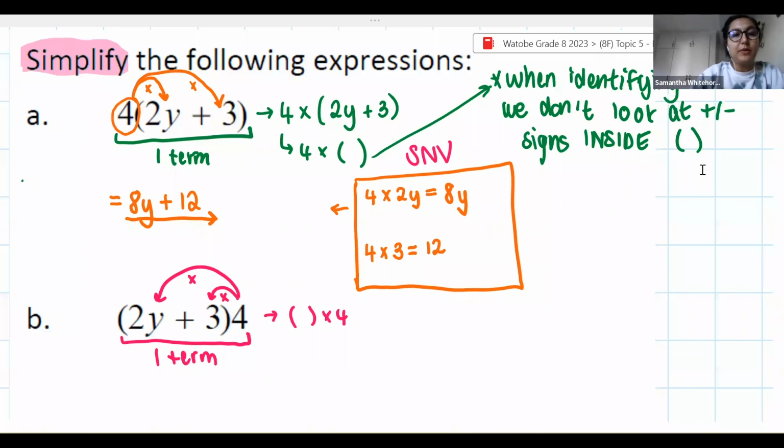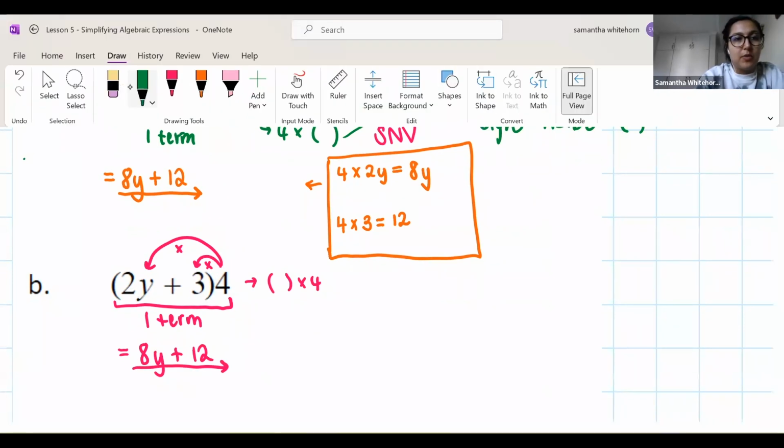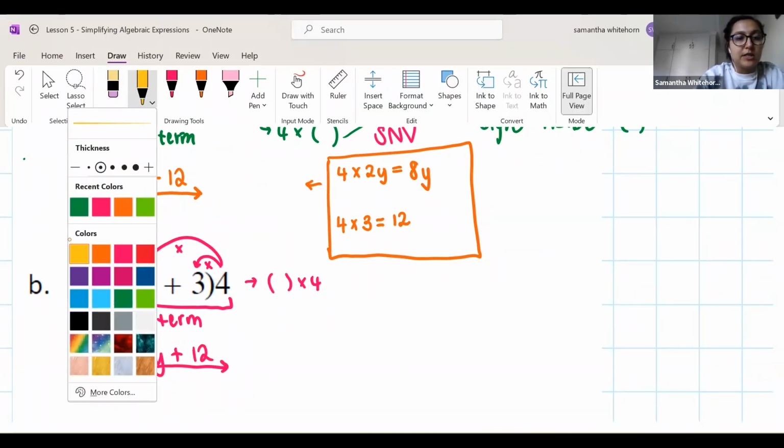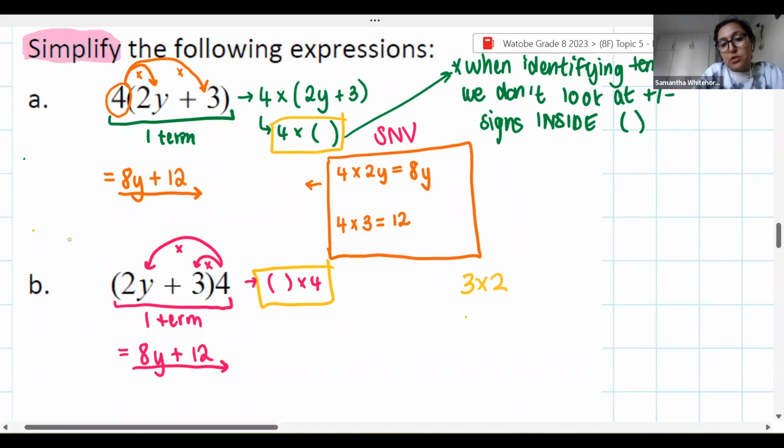Okay, so hopefully what we're seeing is that we get exactly the same answer of 8y plus 12. And the reason we get exactly the same answer is because this is exactly the same question. If we have a look at the two questions, we had 4 times a bracket and a bracket times 4. We know that it doesn't matter whether I say 3 times 2 or 2 times 3, I still get an answer of 6.